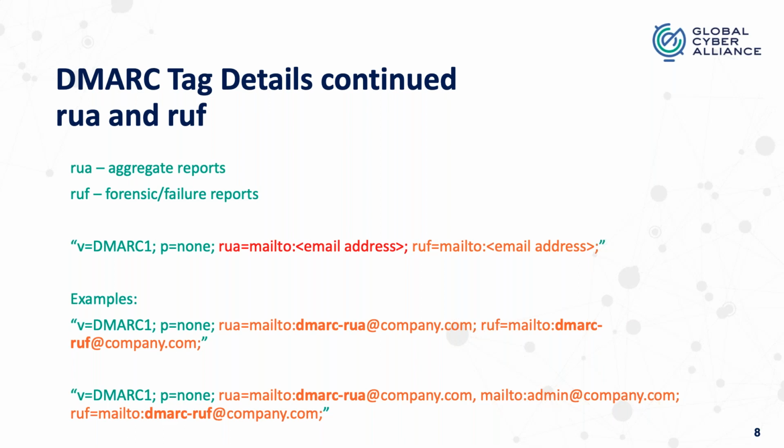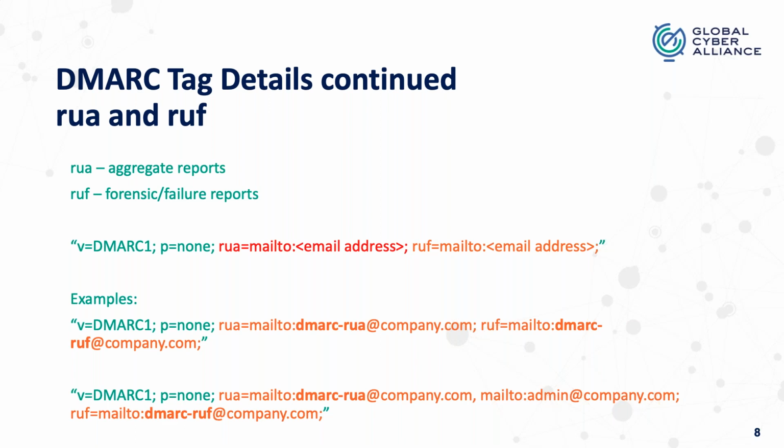The last example you see is rua=mailto:dmarc-rua@company.com, comma, mailto:admin@company.com, semicolon, ruf=, and so on. Same with RUF. But make sure each email address starts with mailto:, otherwise it's not going to work. That's a very important factor.